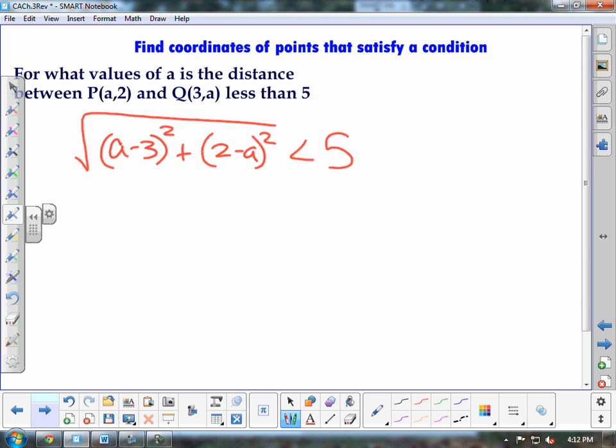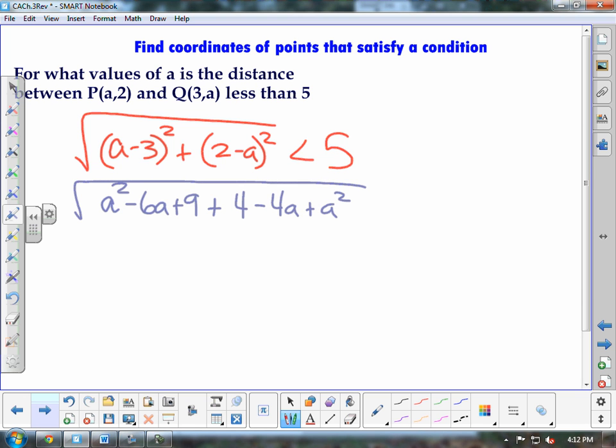And so doing this would get you a squared minus 6a plus 9 plus 4 minus 4a plus a squared. Square root of that, still less than 5. Simplifying this would be 2a squared minus 10a plus 13.